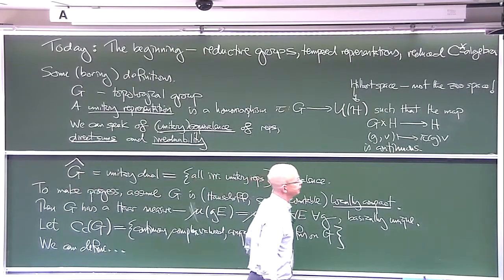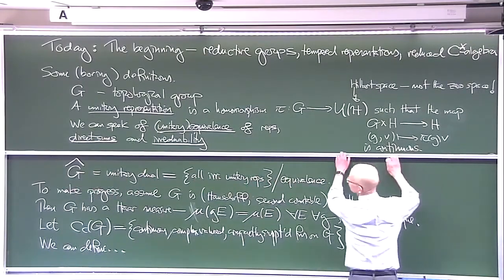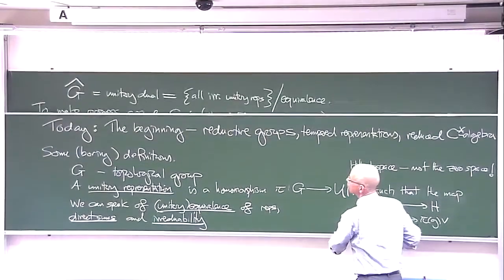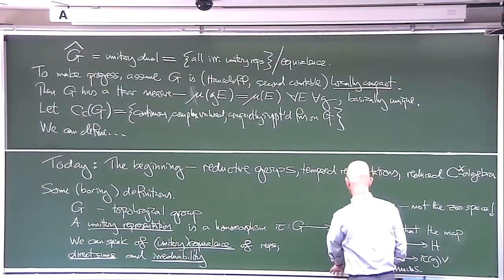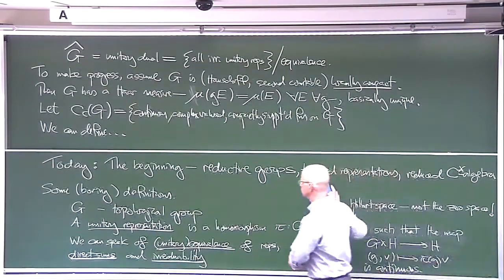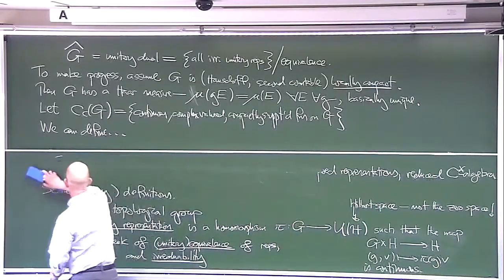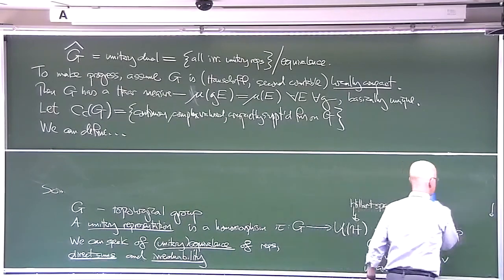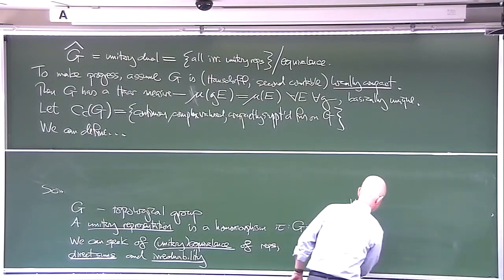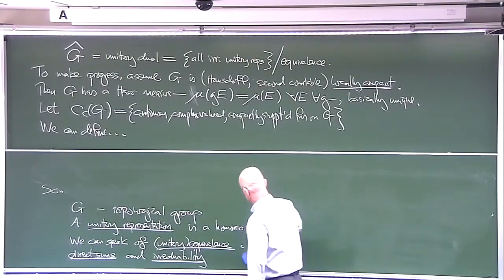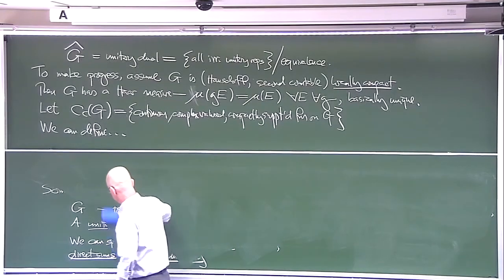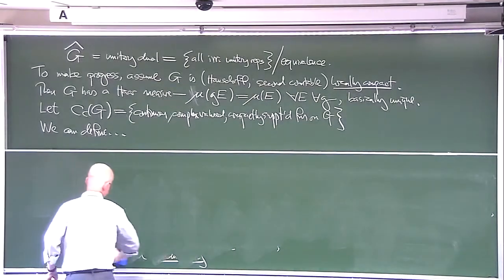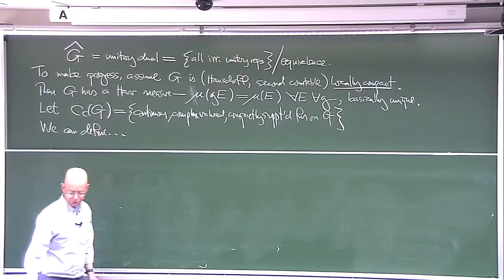Where should we do it? Let's do it up here. On this space, we can define two new structures. One makes it into an algebra and the other makes it into an inner product space.